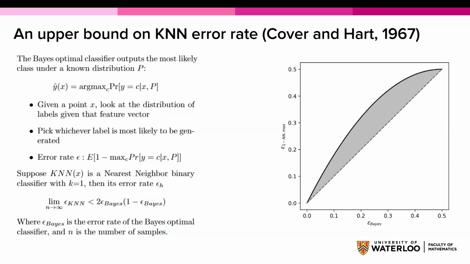This ensures that its error rate is less than or equal to 50%. If the error were greater than 50%, you would simply flip the predictions, which would lead to better performance. This would contradict the optimality of the Bayes classifier. So there's no real situation where the 1-NN would exceed the Bayes classifier in terms of performance when the Bayes error is greater than 50%, because that scenario is kind of nonsensical.